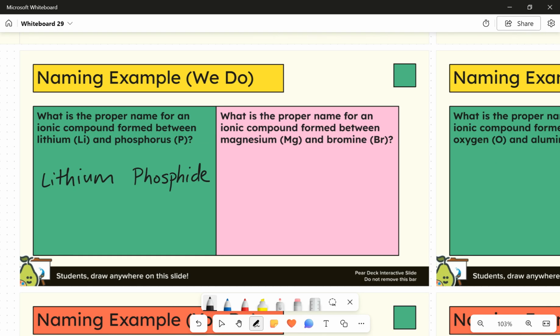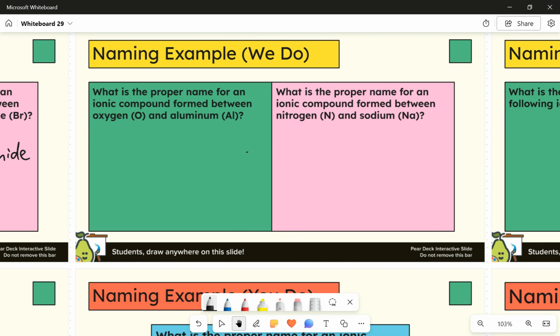Okay, magnesium and bromine. Magnesium's closer to the left, so that gets written first. And bromine becomes bromide. Okay, let's keep going. Oxygen and aluminum.